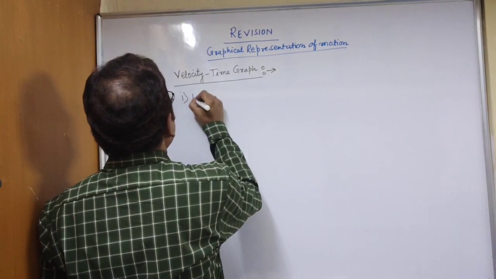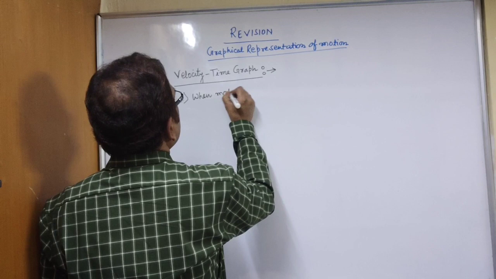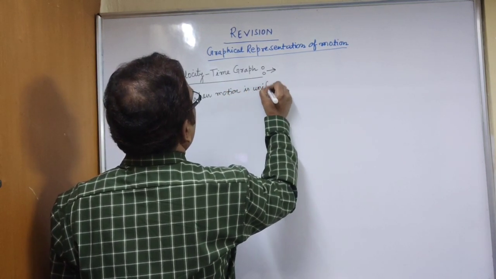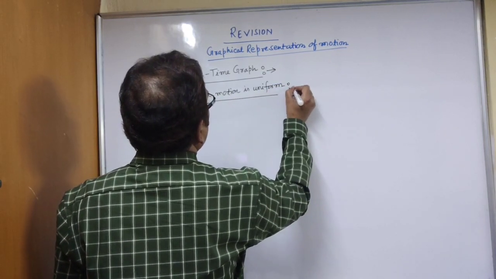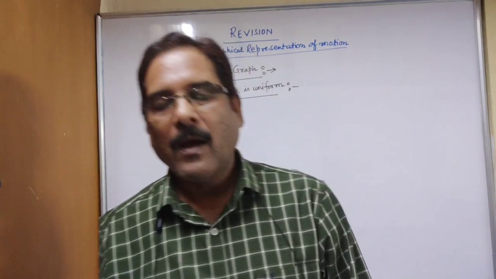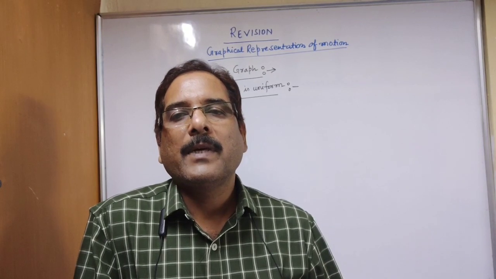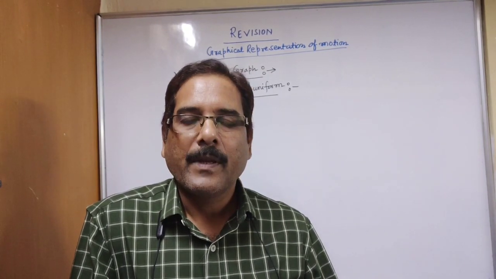So when motion is uniform, it means the object covers equal distances in equal intervals of time, isn't it?